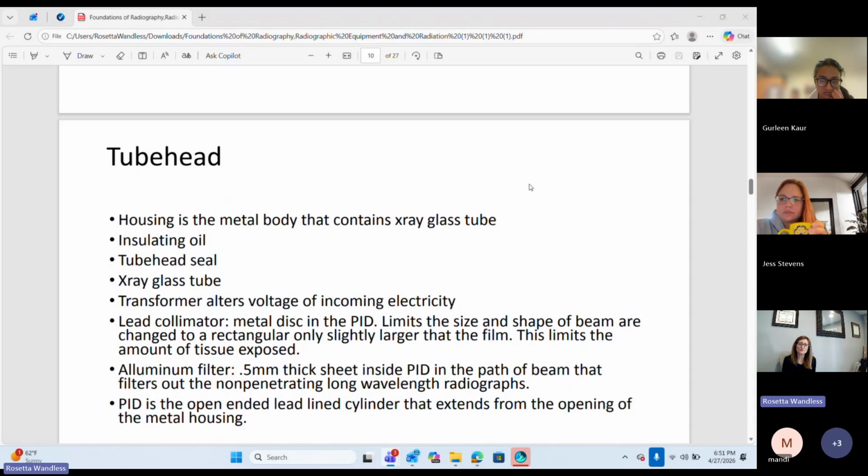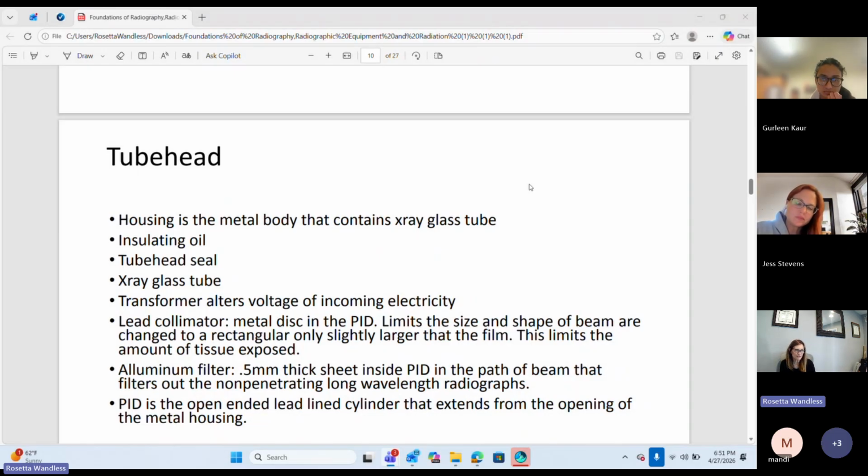So transformers will step it up. It will increase the volts that we need to be used. So that's all a transformer does: step it down or step it up depending on how many volts are needed for us.